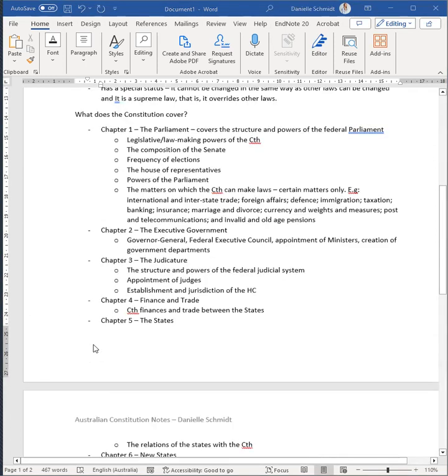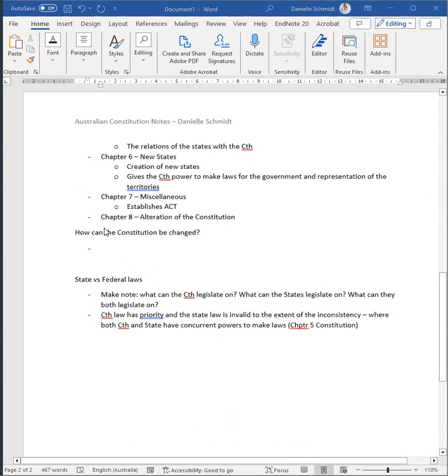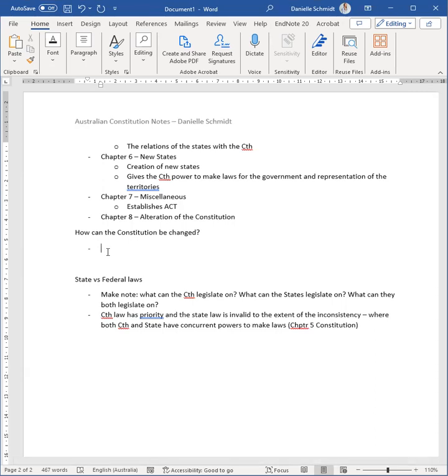So let's go down. How can the Constitution be changed? Ooh, here we go. So the Parliament can change ordinary laws by amending laws, but it can only initiate proposals for changes to the Constitution. So the states and the Parliament cannot change the Constitution themselves. They can only initiate a proposal.